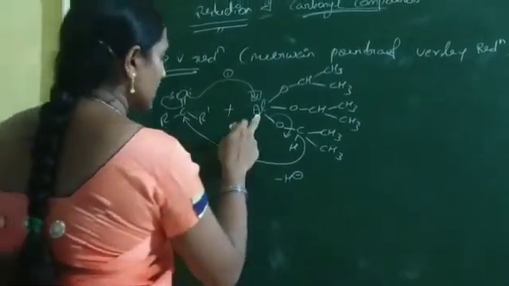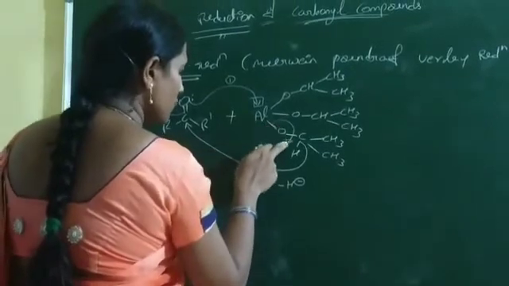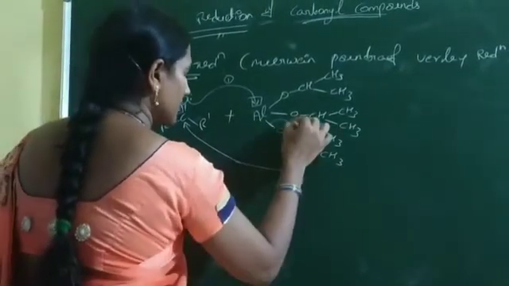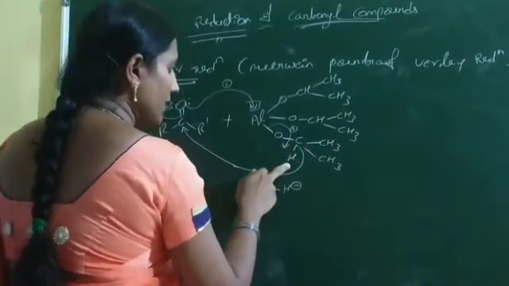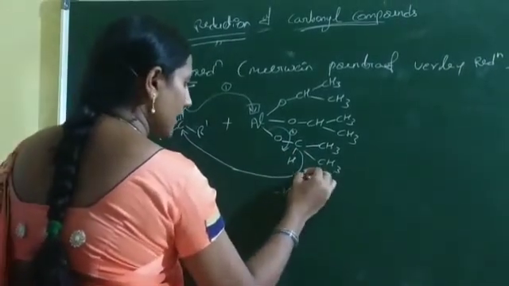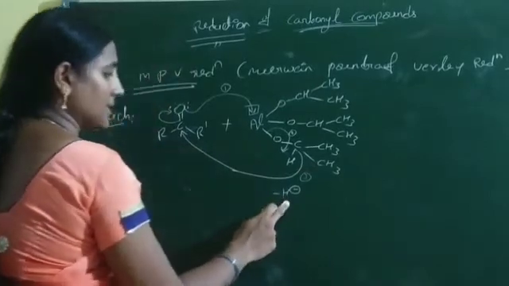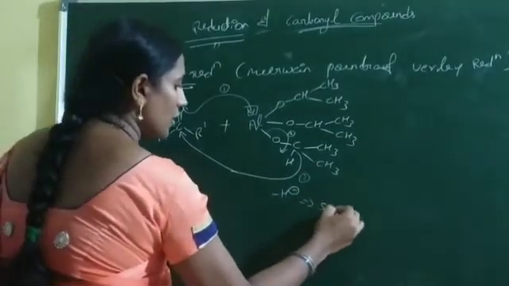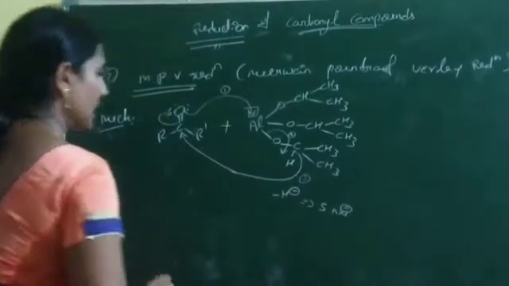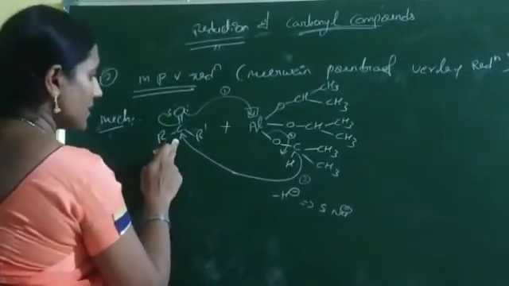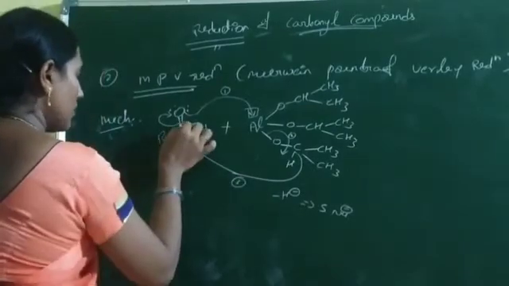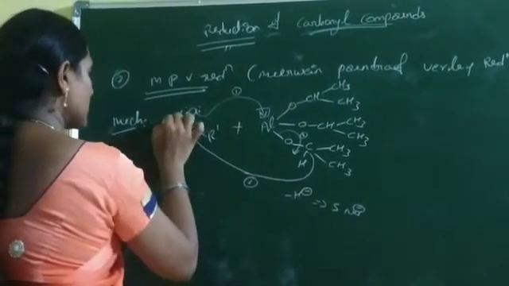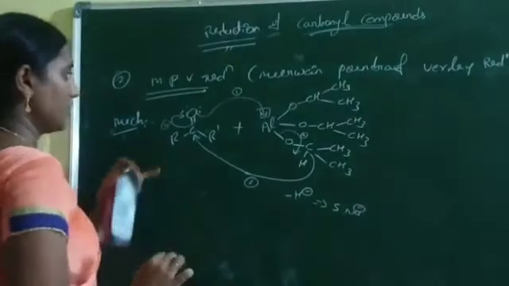Again this aluminium oxygen bond shifts towards oxygen and carbon. This is the second step. Then immediately hydride ion is eliminated. This hydride ion acts as a strong nucleophile. This nucleophile attacks at the partially positive carbon atom. This is the third step. Now this double bond shifts towards the oxygen side. This is the fourth step.